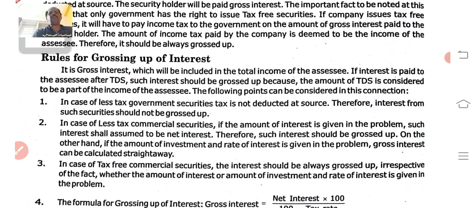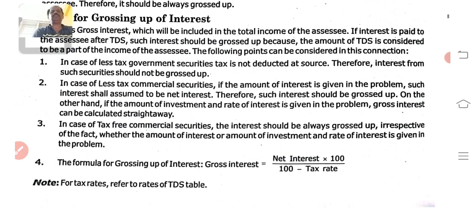The following points can be considered in this connection. What are the points? The first point, in case of less tax government security, tax is not deducted at source, therefore interest from such securities should not be grossed up.